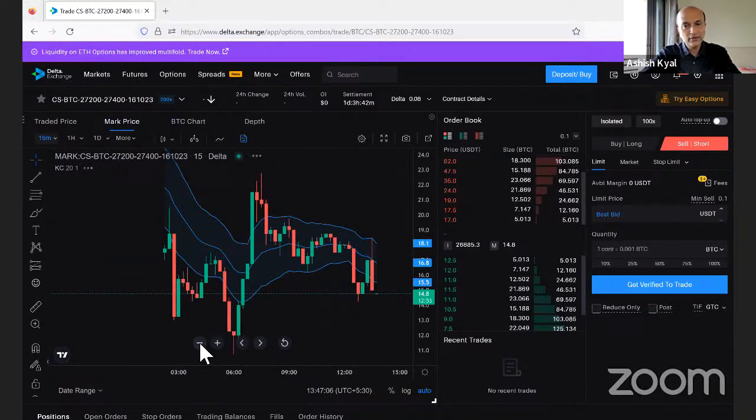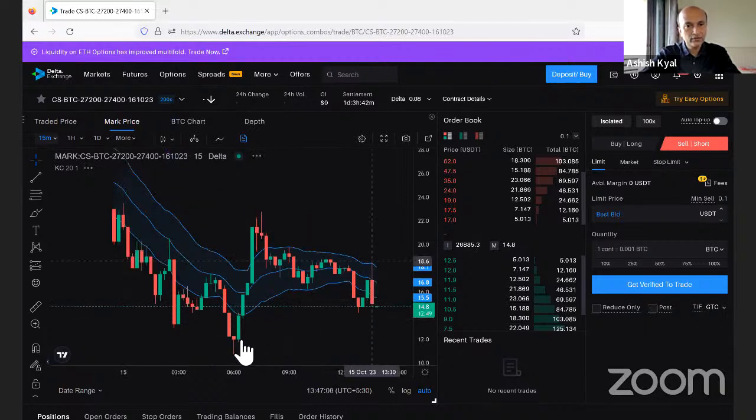If I look at the 15-minute chart, I can see the overall movement of this spread is on the downside. So we can look forward to creating a short position on this spread, expecting Bitcoin will not go above 27,200 by tomorrow, because it might be stuck in a range. So this is one trade that we can take.